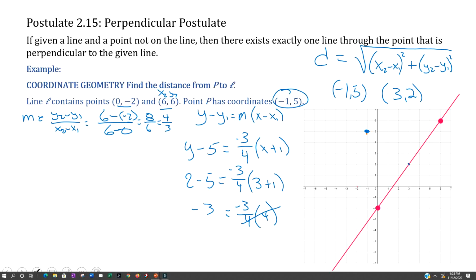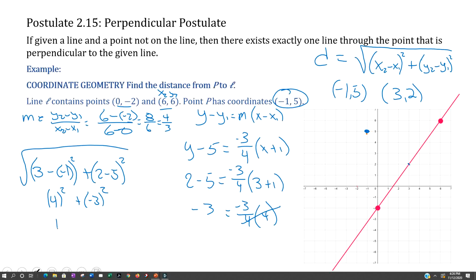So my x2 is 3. So it's 3 minus negative 1, and all that's going to be squared, plus 2 minus 5, all that's going to be squared, square root of all that. 3 minus negative 1 is 4, so it's 4 squared, plus 2 minus 5 is negative 3, all squared.